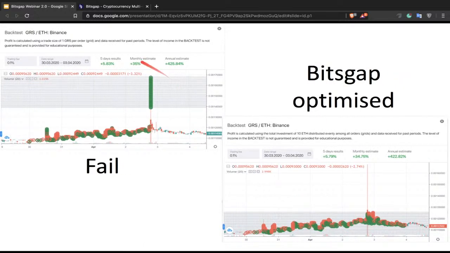On the left side, you see the chart, and that's the chart of the price action of how the bot would trade without the optimization that we have at Bitsgap, which I call the security from extreme pumps and dumps scenarios.